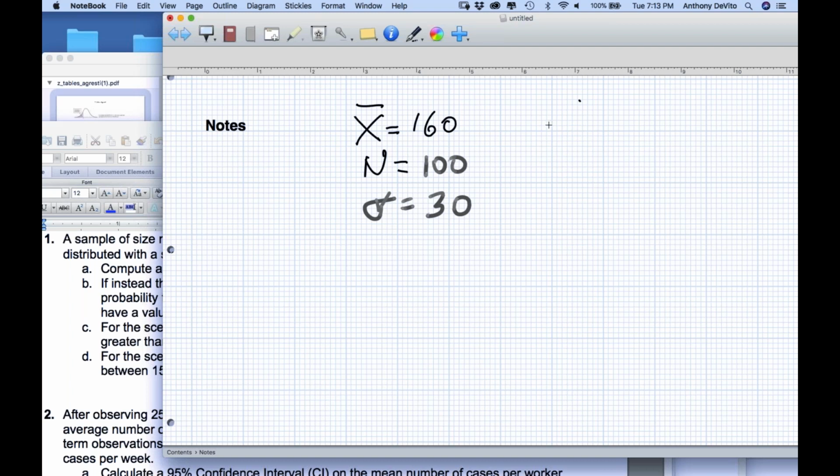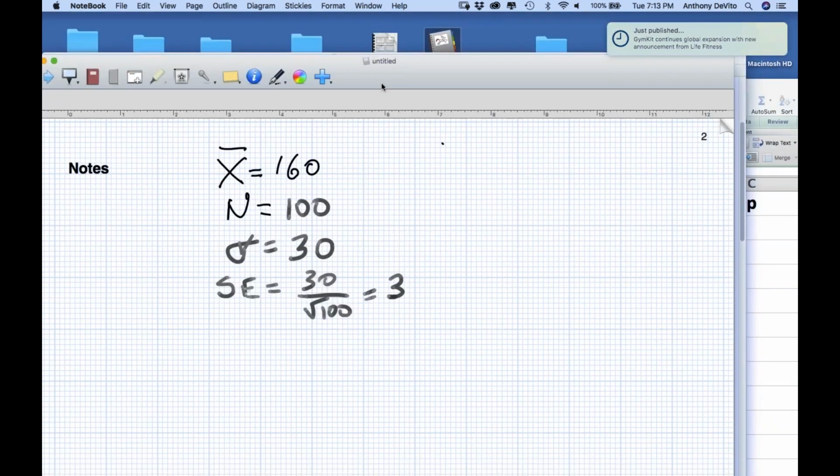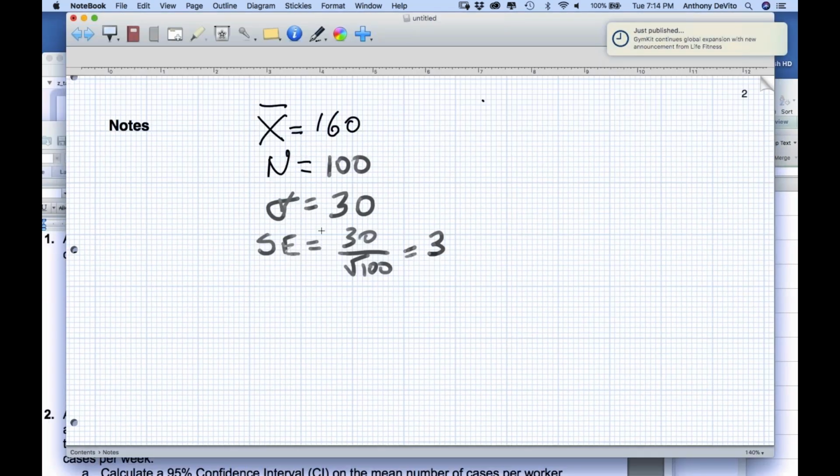Okay, so let's take a look at this. Sigma is equal to 30. We know that we sample from the population. The sample size is 100, so the standard error of repeated samples is going to be 30 divided by the square root of 100, which is 10, so it's equal to 3. So now to calculate my confidence interval, 95% confidence interval, I presume?